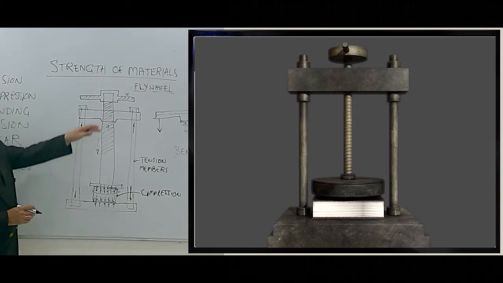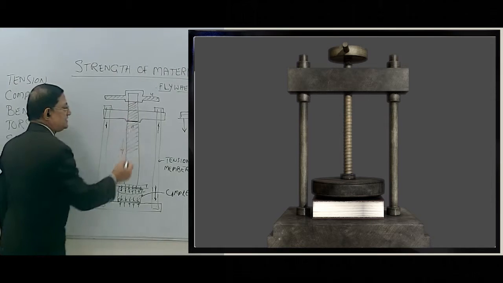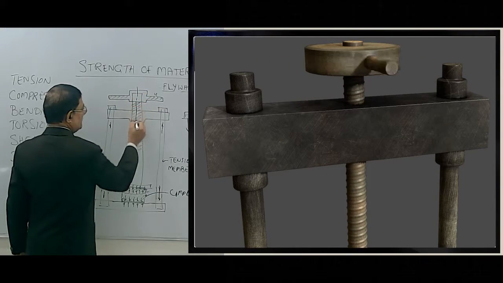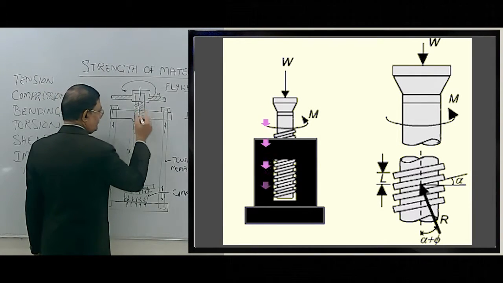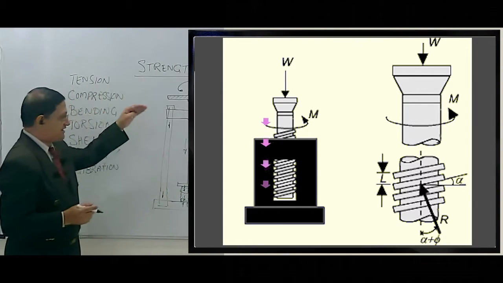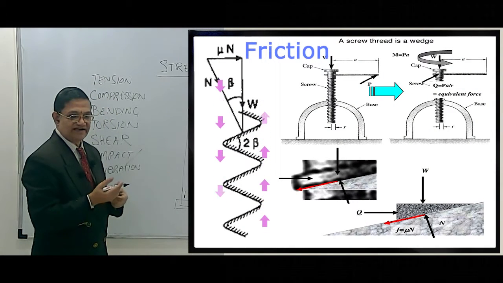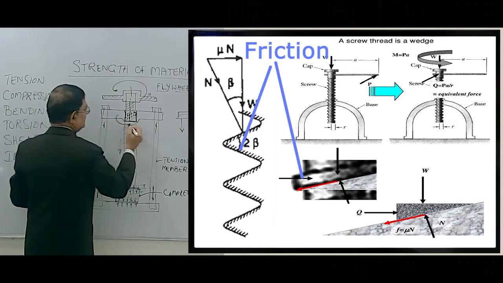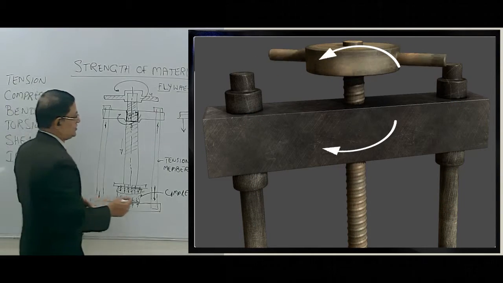Then we have the flywheel and central shaft above the top arm. If we observe the force system, when the wheel rotates perpendicular to the axis of the shaft, trying to offer a downward movement, which in turn tries to apply a downward force on the screw thread system, the screw thread tries to resist this moment by friction in the opposite direction. Thus, the shaft above the top arm is subjected to what is called torsion.